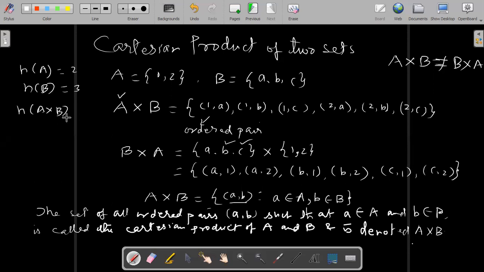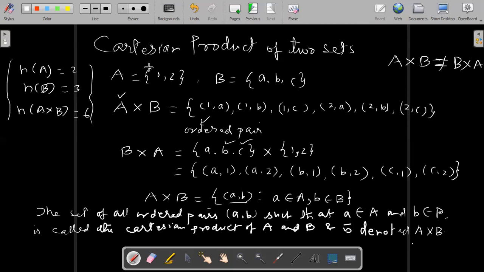How many elements are there in A cross B? You can see 1, 2, 3, 4, 5, 6. So 2 times 3 is 6. That means if the number of elements in A is p and in B is q, then the number of elements in A cross B will be the product of the number of elements in A and B.